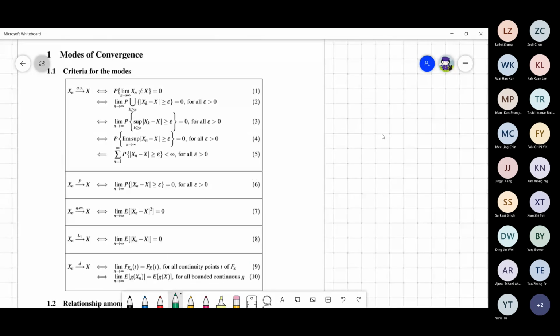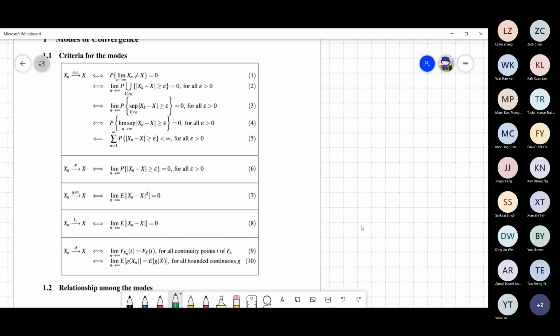Now let's briefly look at the criteria for these 5 different types of convergence. Just to let you know the location of all these conditions: condition 9 is from definition 5.1.1, the first definition. Condition 10 is from proposition 5.1.1. So at least you can see which part of the lecture notes I'm referring to. The next one is convergence in probability.